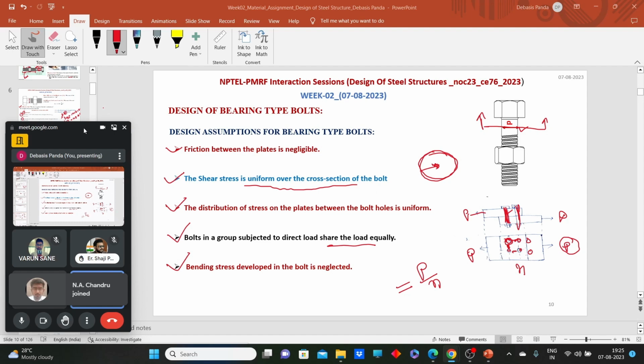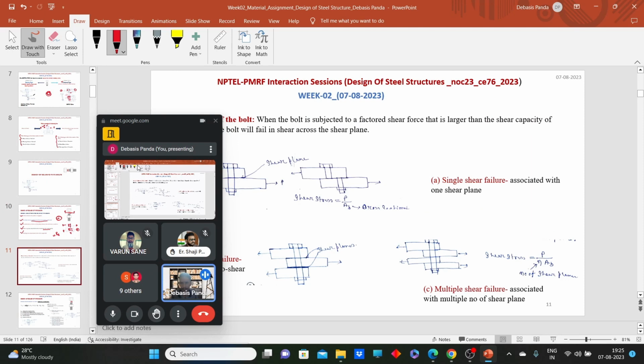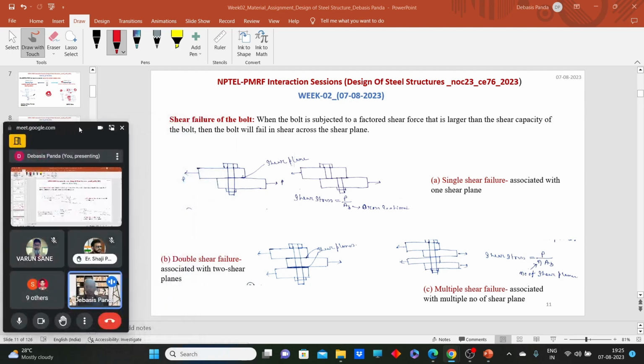Now let's quickly come to how we can design it. First we will revisit the failure criteria. As we have come across, the bolt can fail in shear, bearing, and tension.